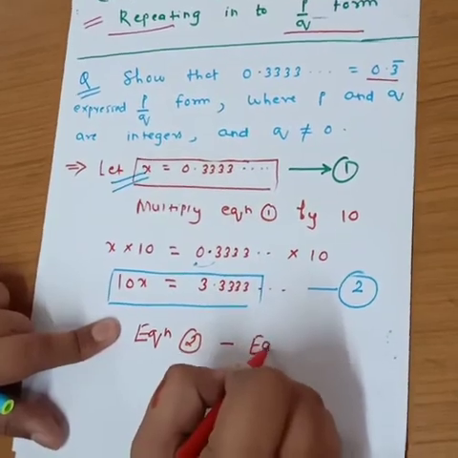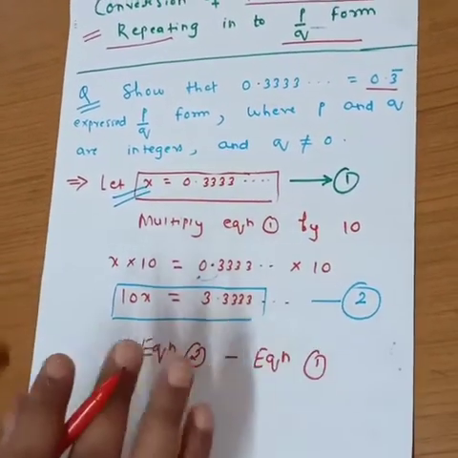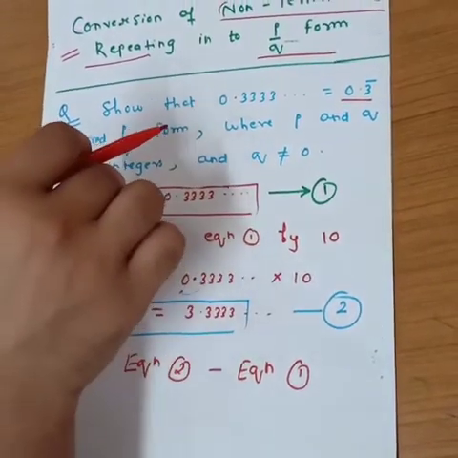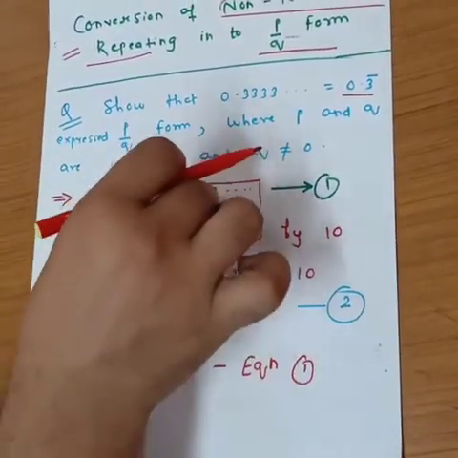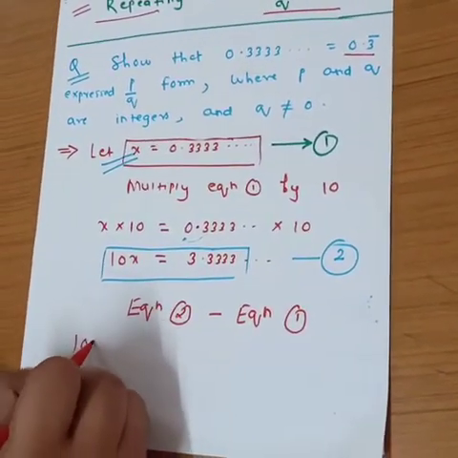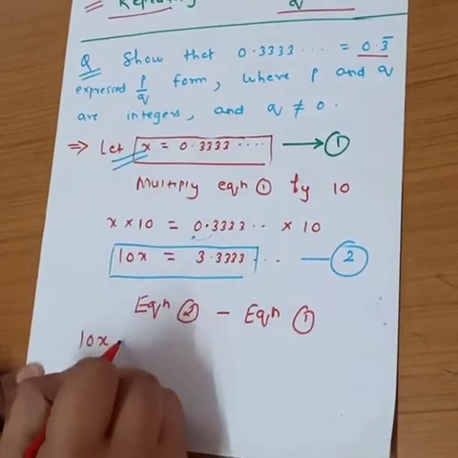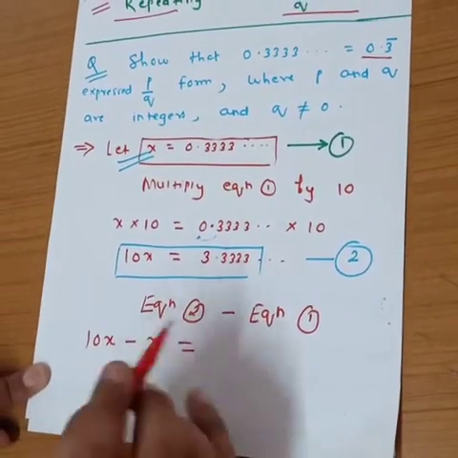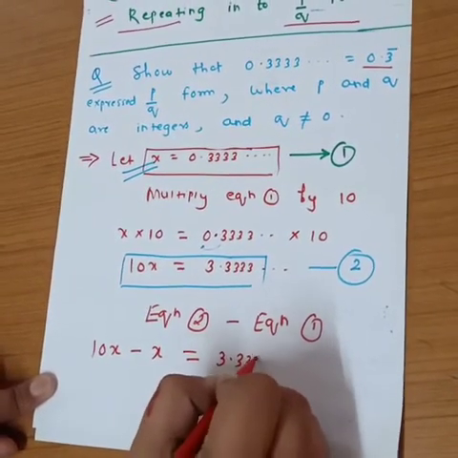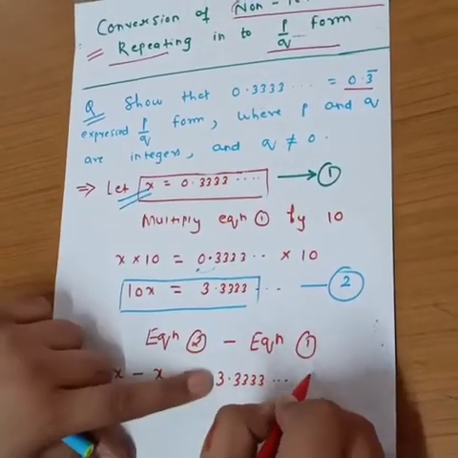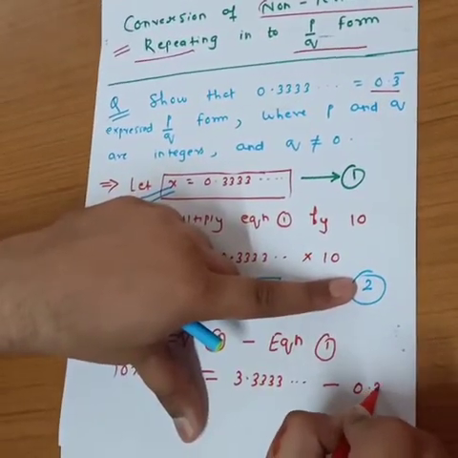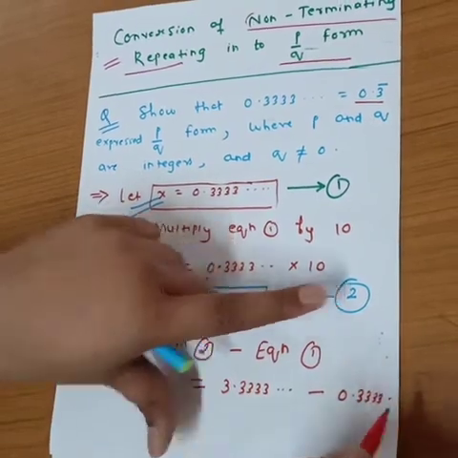Left side subtracts with left side, right side with right side. The left side of equation 2 is 10x, and of equation 1 is x. The right side of equation 2 is 3.3333 and so on, minus the right side of equation 1, which is 0.3333 and so on.